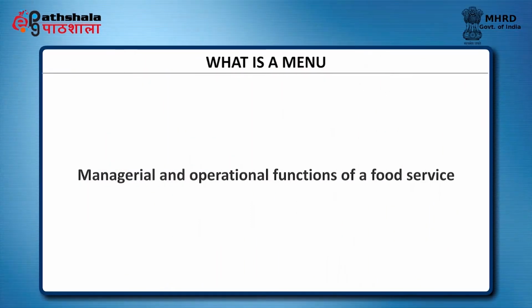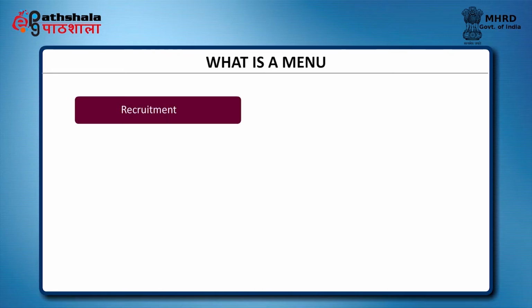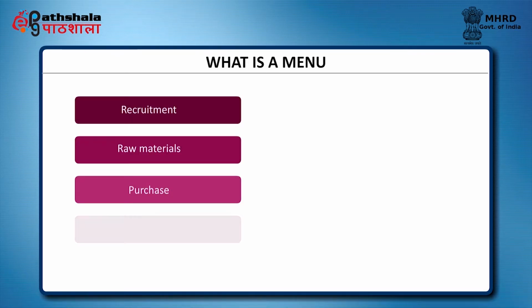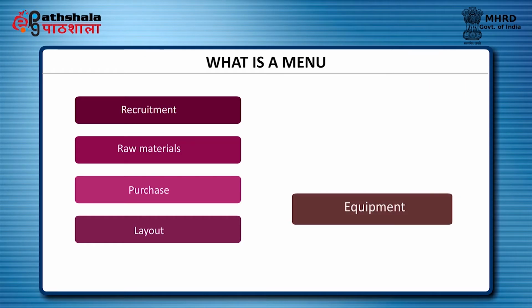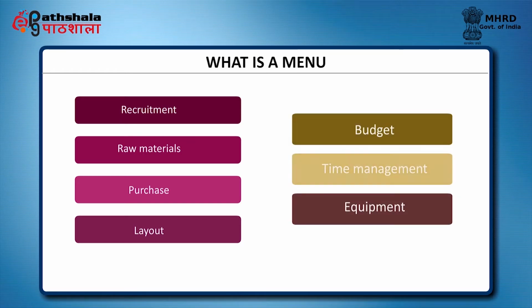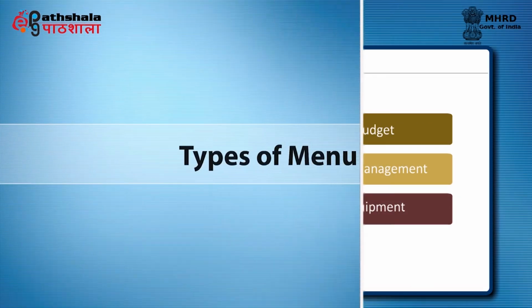Menu is a major determinant of the budget, and the time management also depends on whether elaborate or simple menus are prepared. So, we know that all the managerial and operational functions of a food service, namely recruitment, raw material purchase, layout, equipment, budget and time management are governed by the menu.